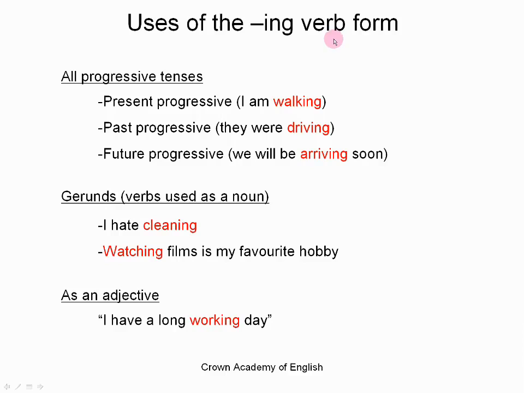These three examples are not exhaustive. This is not all the uses. There are many, many, many uses of the ing verb in English. That is why this lesson is so important.